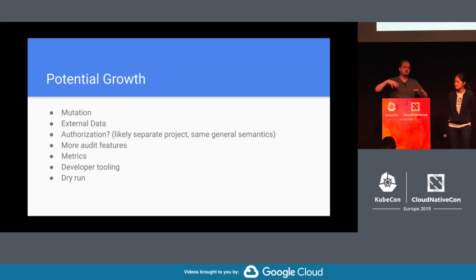It's currently working, but where are we looking to go next? One of the big use cases we're looking to provide is mutation. We want to do the same kind of thing we've done with validation constraints in terms of packaging them up, making them reusable, declarative, all that nice stuff. We would also like to be able to more easily incorporate external data into the system.